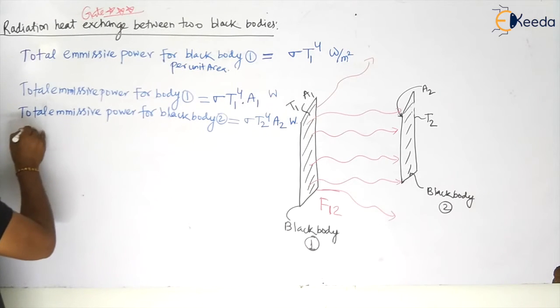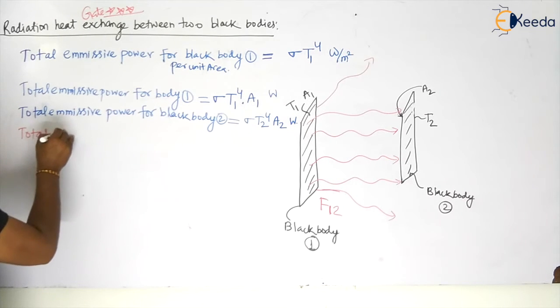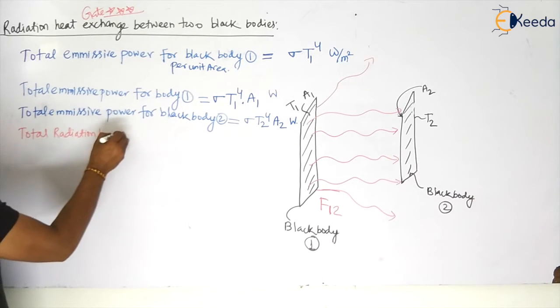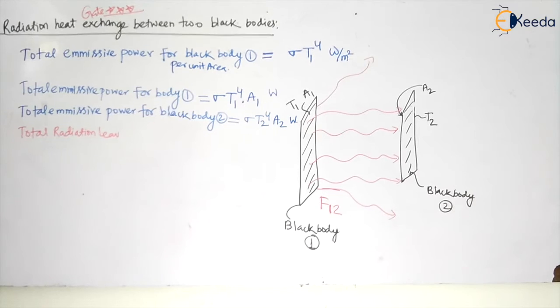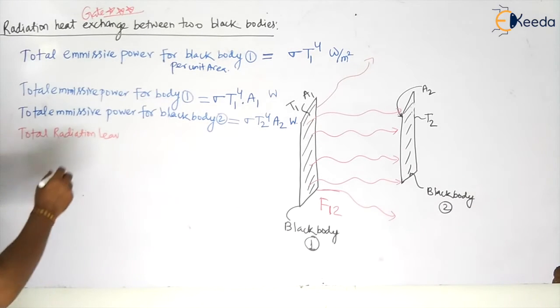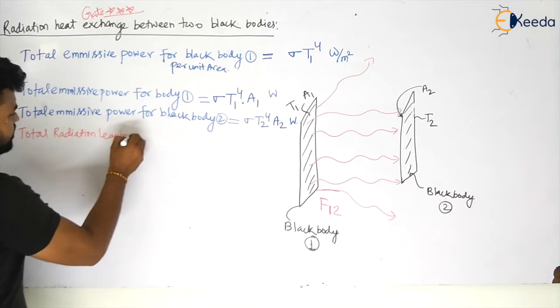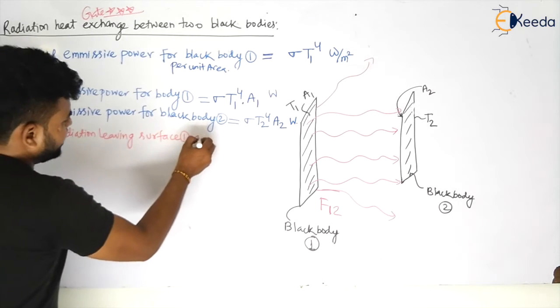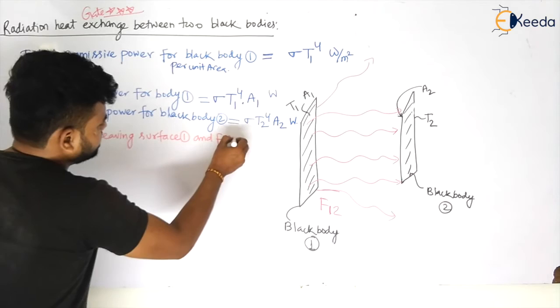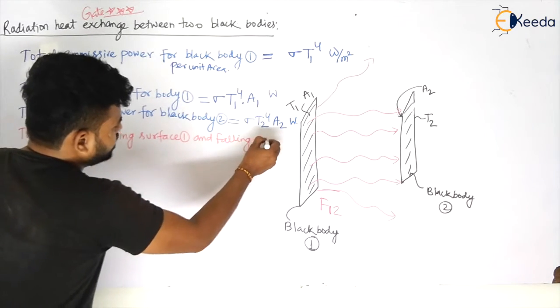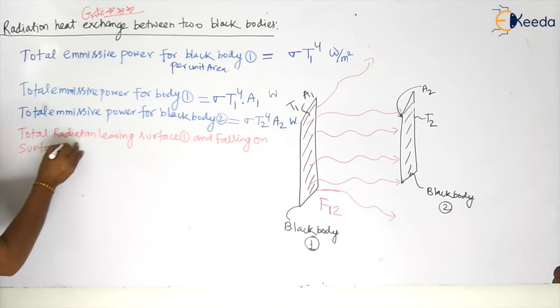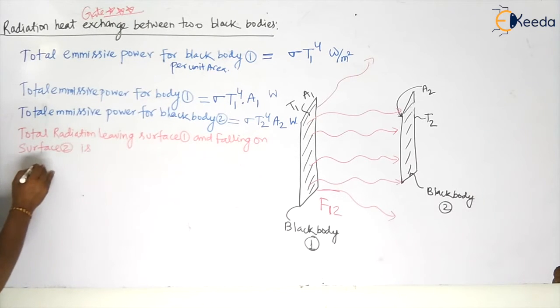So the total radiation leaving surface 1 and falling on surface 2 is nothing but what?